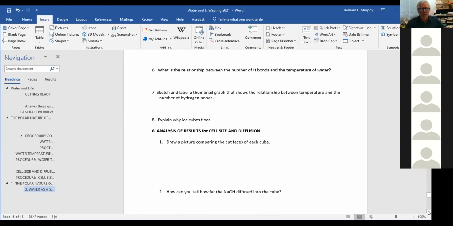And what effect does this have? What biological consequence does this have?